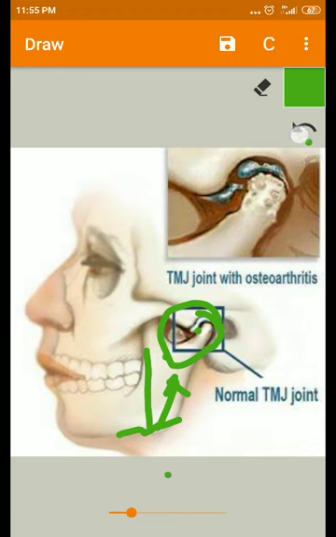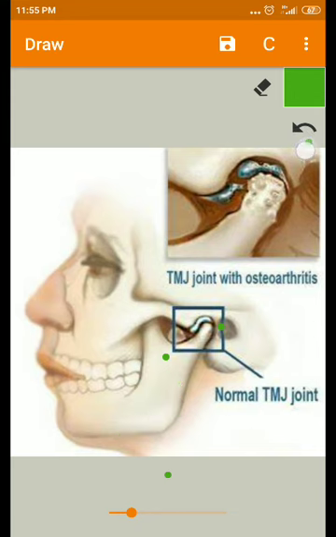Hypermobility of one temporomandibular joint results in deflection of the mandible to the contralateral side, that means the opposite side, when mandibular depression is taking place.